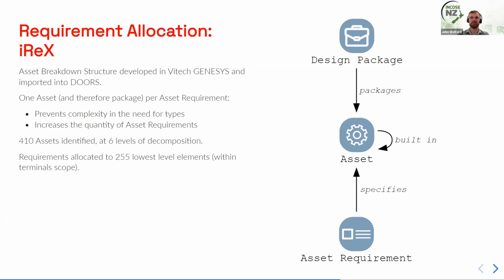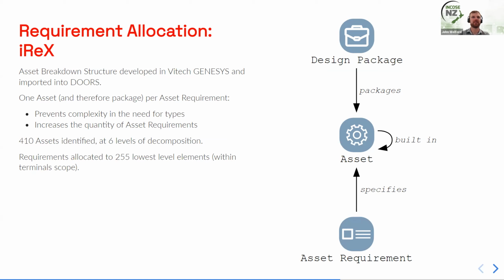We still have our breakdown of assets with this built-in relationship, which allows us to decompose it. But because we've only got a single asset per asset requirement, that means we have to duplicate our asset requirements for as many assets as they're relevant to, which pushes our asset requirement numbers larger.